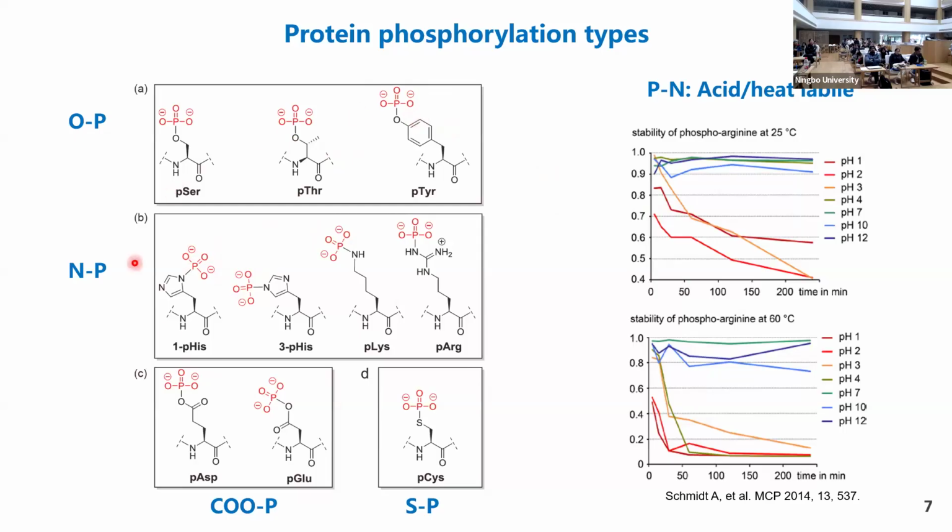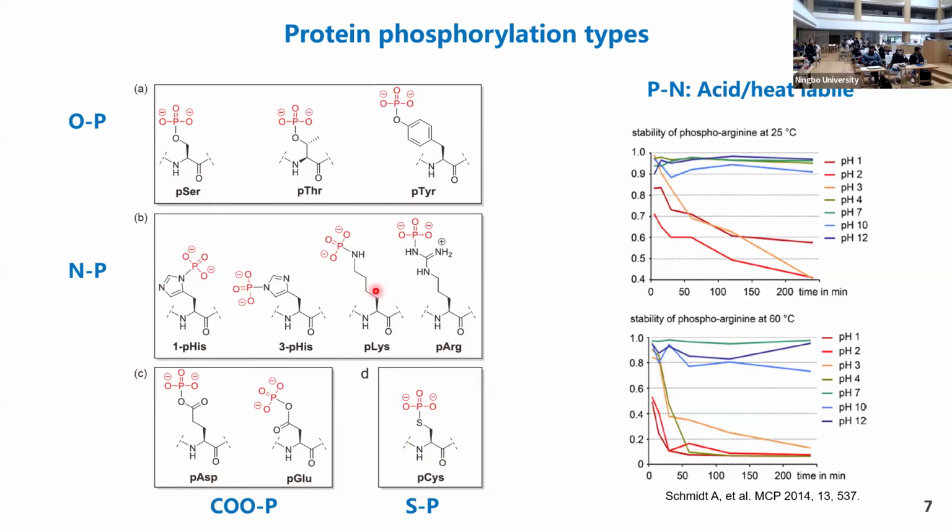And we already know there are four kinds of phosphorylation. There is oxygen phosphorylation related to serine, threonine, and tyrosine, and nitrogen phosphorylation, histidine, lysine, arginine, and carboxyl or acyl phosphorylation, aspartate, glutamate, and cysteine.